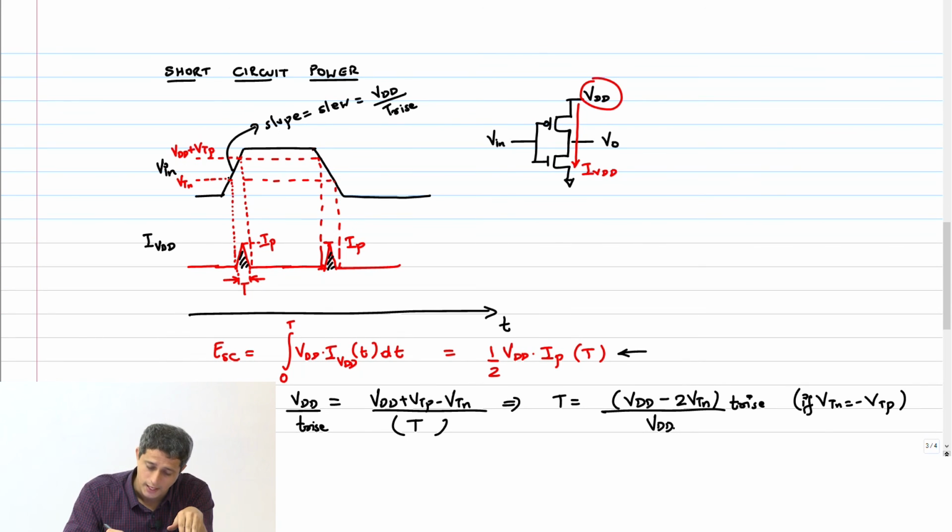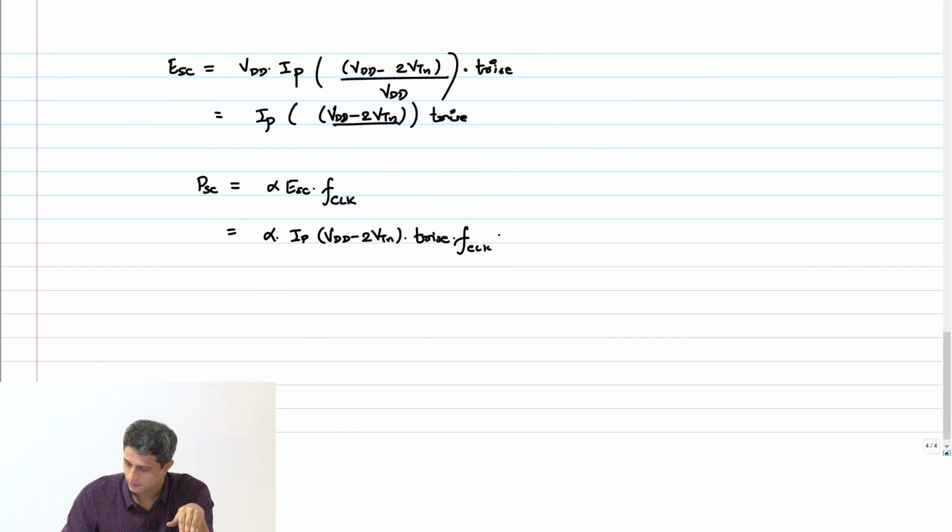So you have to look at this guy. This is T. If you look at this triangle, this is T. Okay, and that is the slew. That's what I'm defining as the slew. Clear? Yeah. So therefore, that's, yeah. Okay.